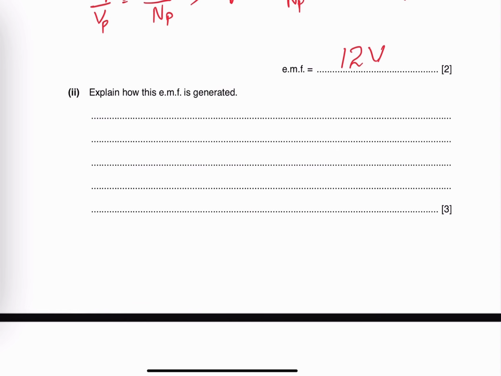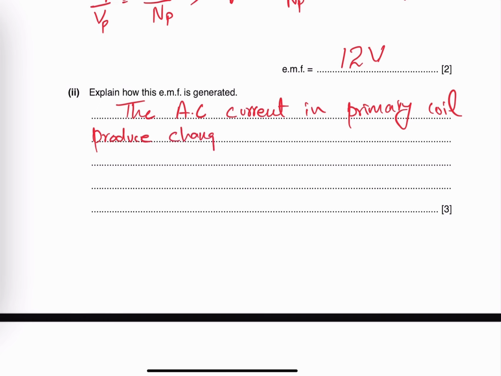Explain how this EMF is induced. Basically you have to write down the whole mechanism of the transformer. So the AC current in the primary coil produces changing magnetic field lines.